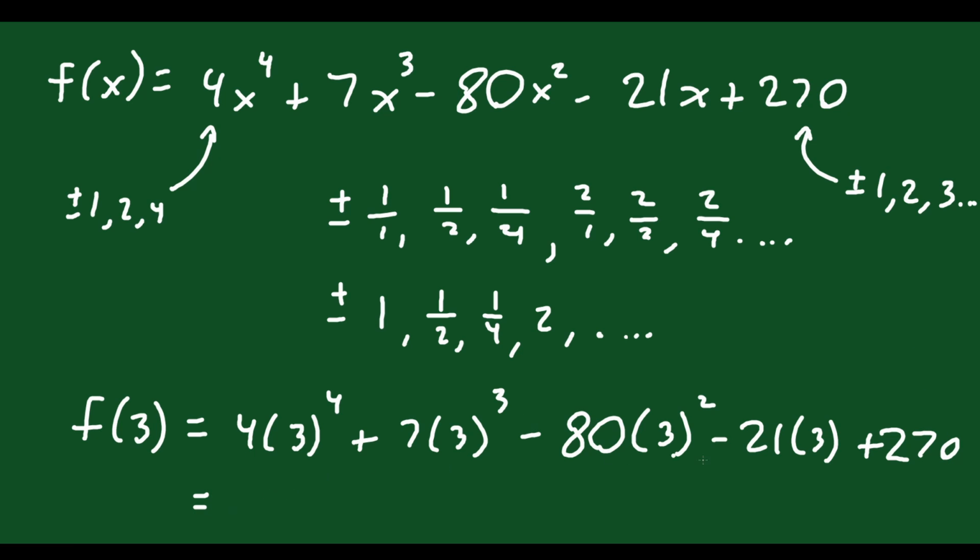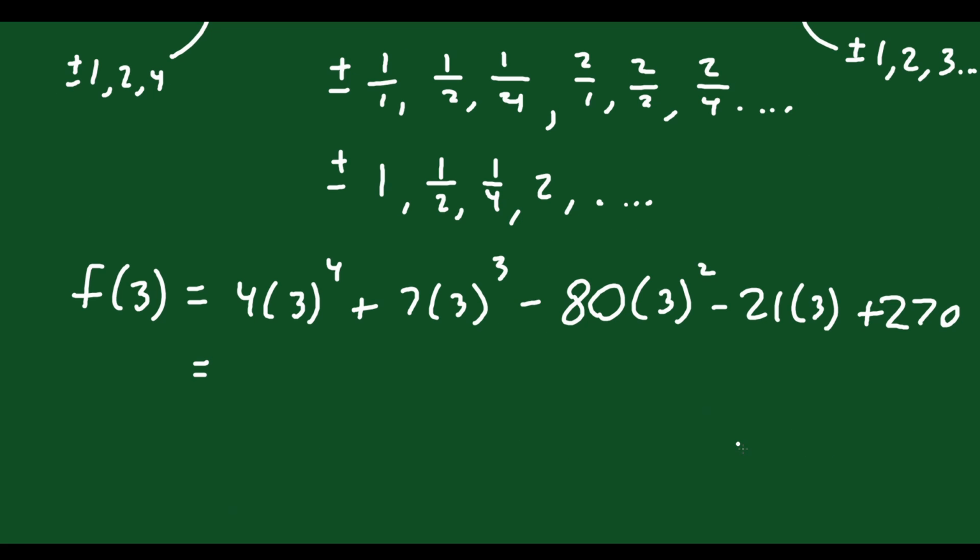Because it's quite a bit of work to check. But if you do 3, I think this one's going to work, because you have 3 to the 4, which is 81 times 4, and then here you have 3 to the 3, which is 27 times 7, minus 80 times 9, minus 21 times 3, which is 63. Yeah, this actually is going to work. You're going to get 0. That's good news for us, right?